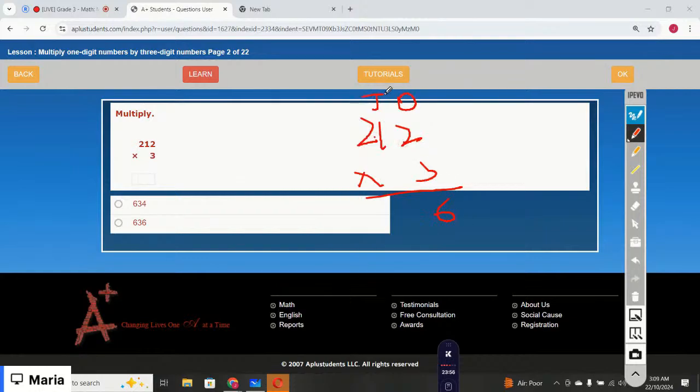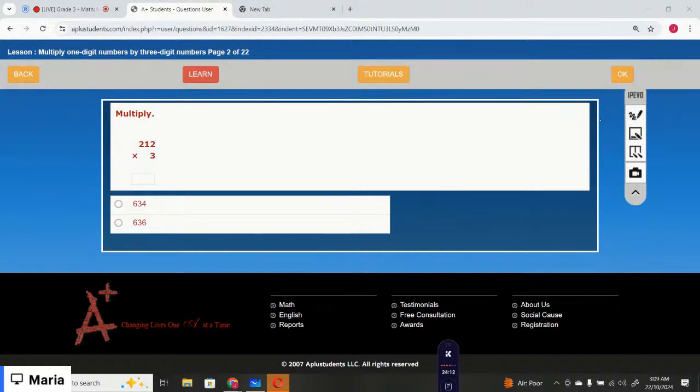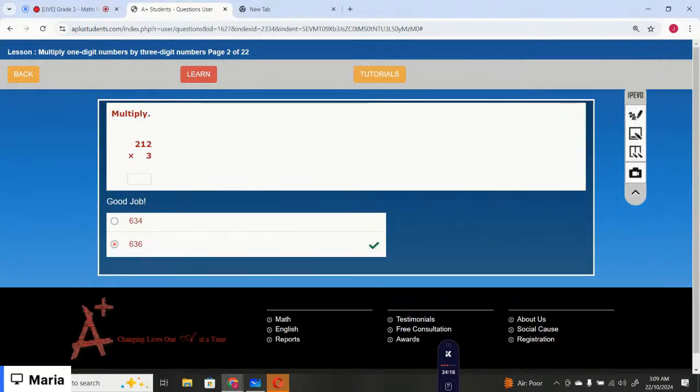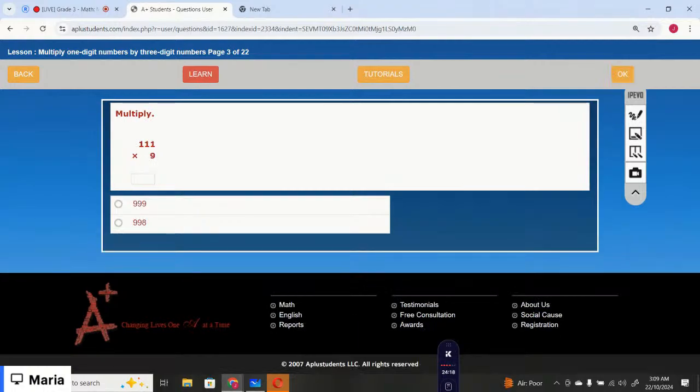Then you have to multiply the tens digit. 3 times 1 is 3. Then you have to multiply the hundred digit. 3 times 2 is 6. So the number they make is 636. So 212 times 3 is 636. Option number 2 is the correct option.